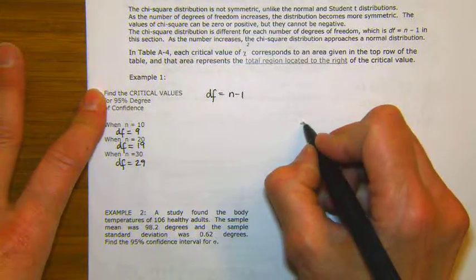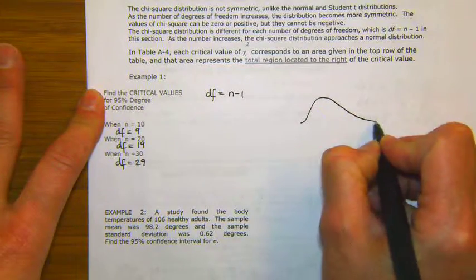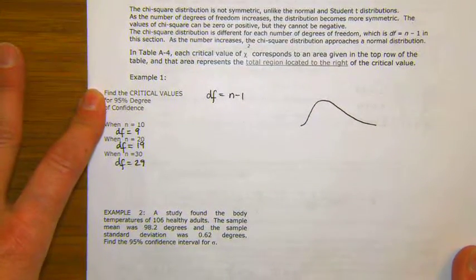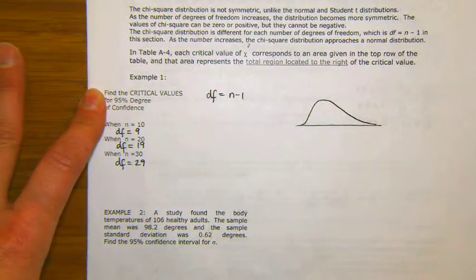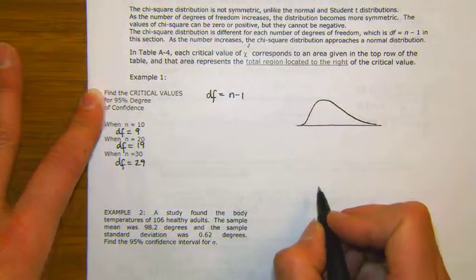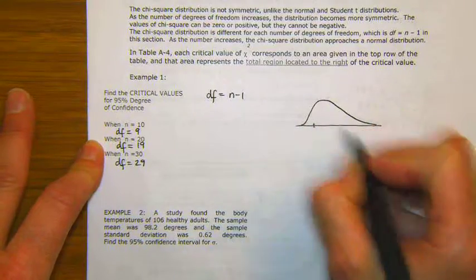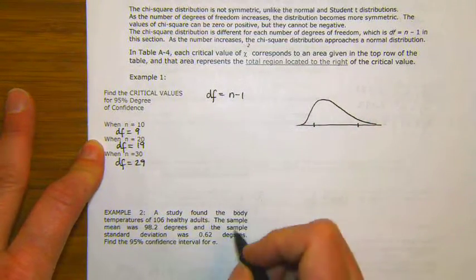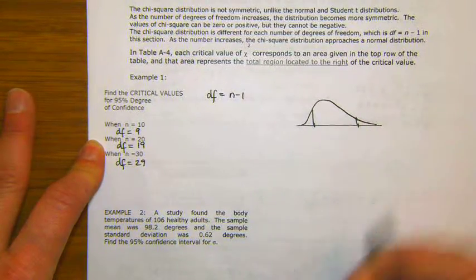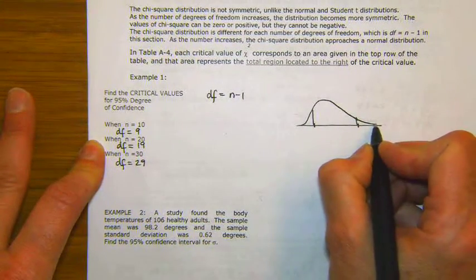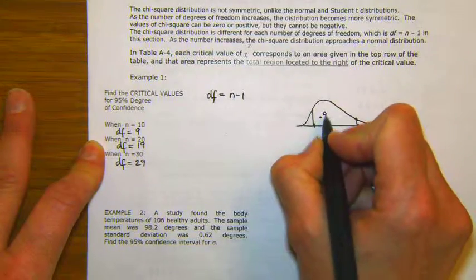So I'm going to draw it as a right skewed distribution. So it's not symmetric like the normal and the t. It also starts at 0 over here. So I'm going to have two values. 95% means what's the area in the middle? 0.95.